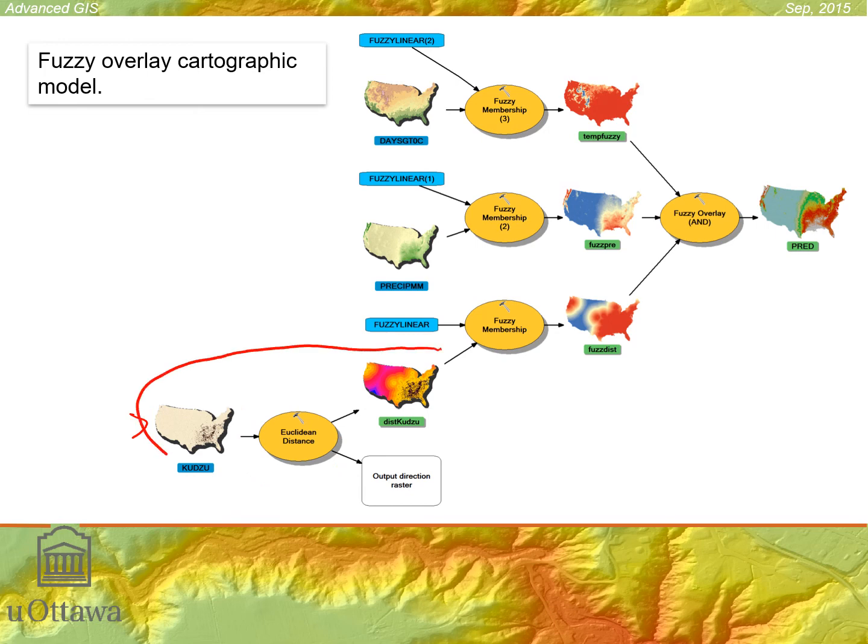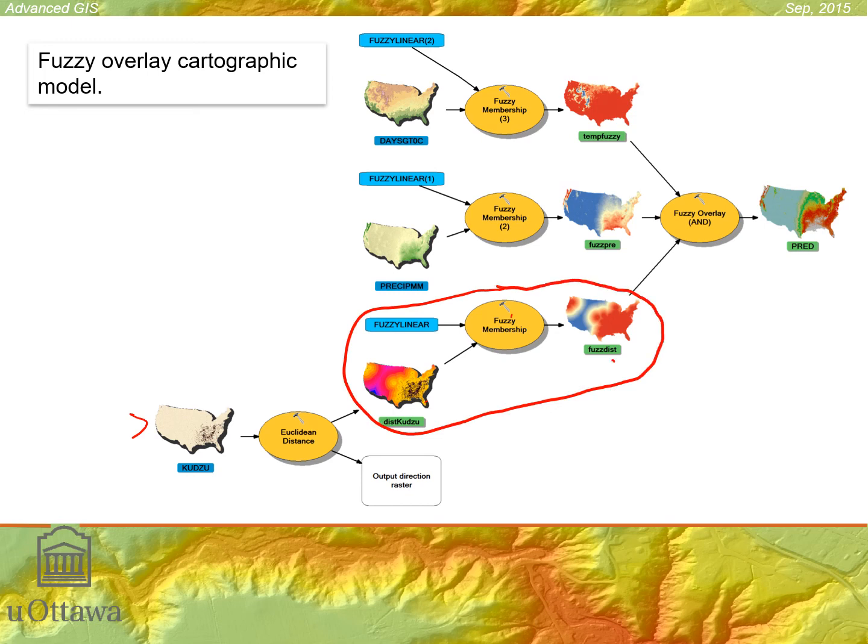And so that process provides a layer which is the distance to Kudzu. And then we fuzzify that distance using a fuzzy linear function in what's called fuzzy membership to output a fuzzified factor. So this is our factors right here in this model.